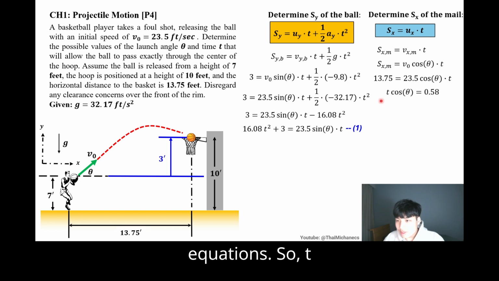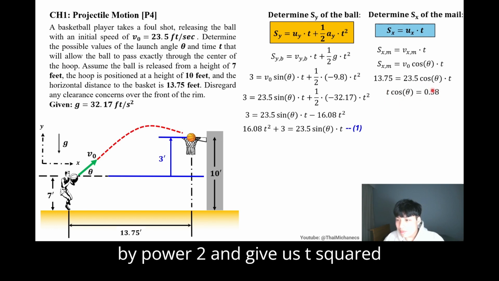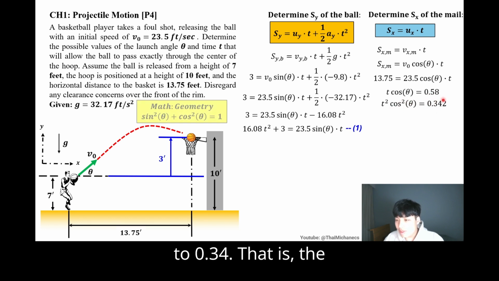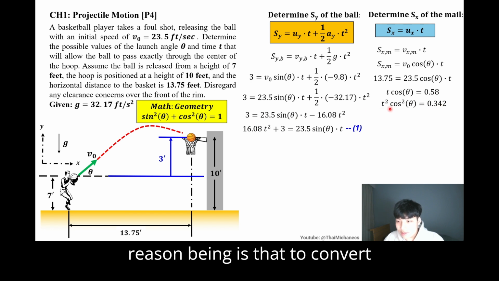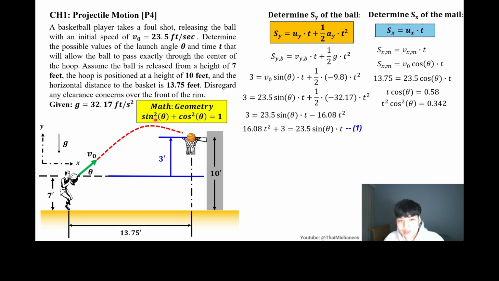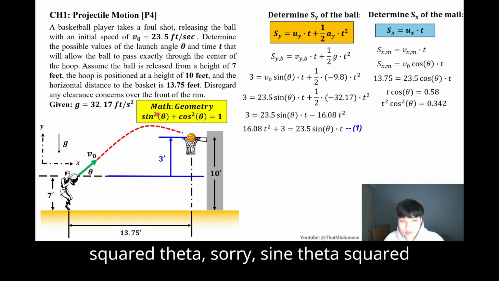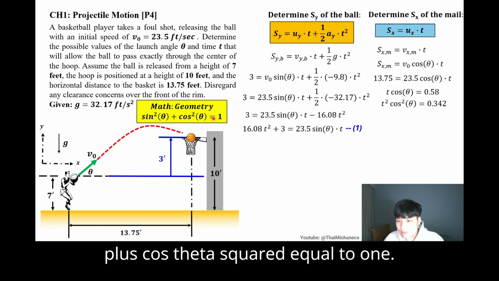So I would like to raise this equation to the power of 2, which gives us t squared cos squared theta equals 0.34. The reason is that to convert sine to cos or cos to sine, we bring out the geometry identity, sine squared theta plus cos squared theta equals 1.